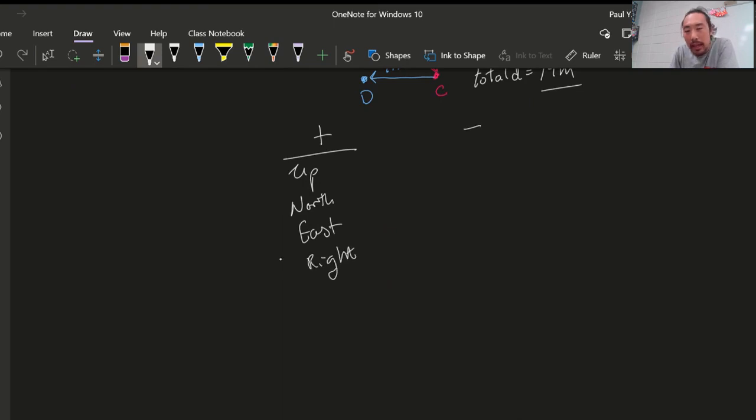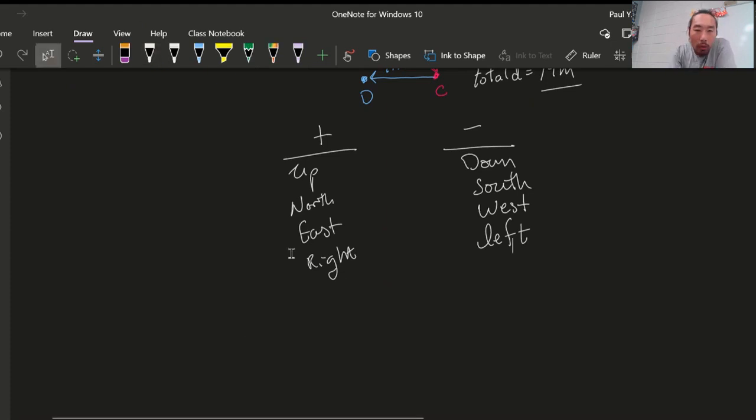Anything that is negative is often associated with down, south, west, or left. And when in doubt, it'll be very explicit and tell you that you are looking at some kind of direction.